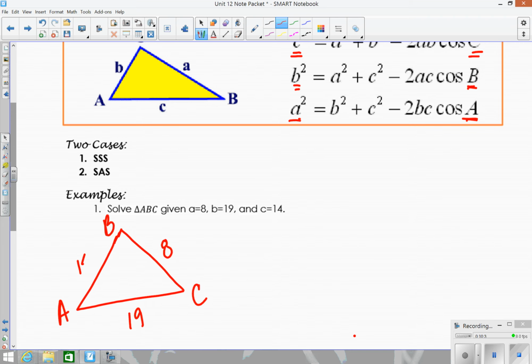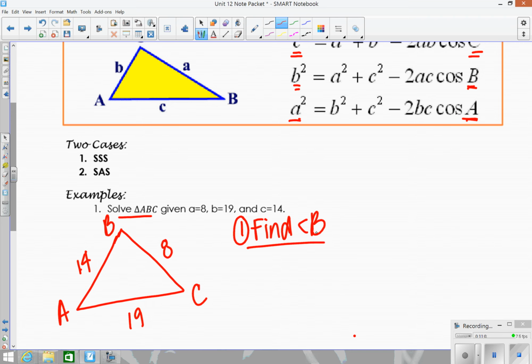And then 14 is across from angle C. Side B was across from angle B. When it says solve the triangle, that means you want to find all of the missing pieces. In this case, I've got to find all of the angles. So I'm going to first find, I'll just start with angle B. It doesn't matter which one you start with. Remember, because I'm given all three sides, I can apply the law of cosines to find any angles.